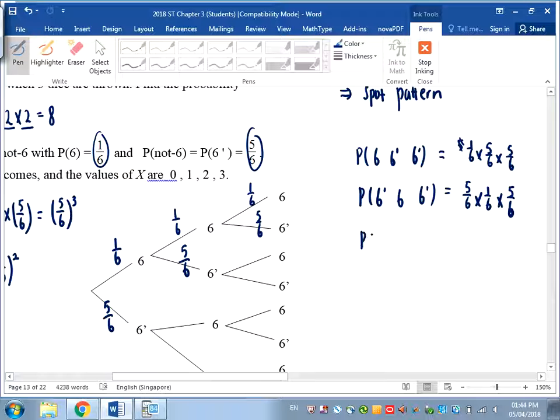And similarly, I also have a third case: not 6, not 6, 6. So altogether, I can have 3 cases in total, and they give us the same probability.